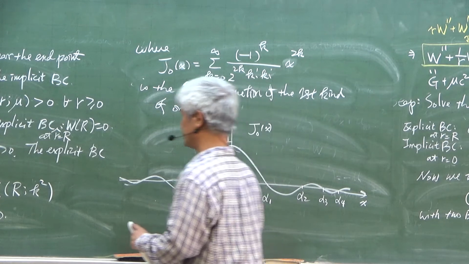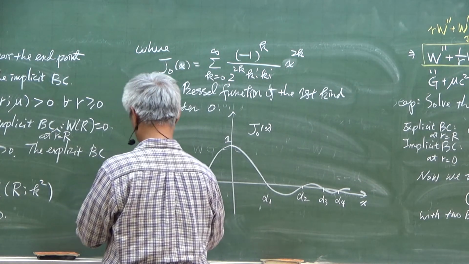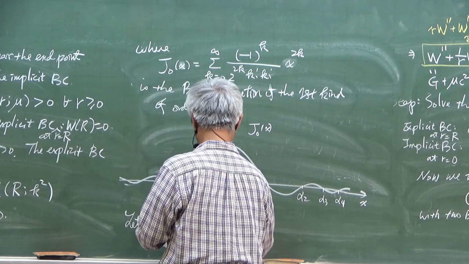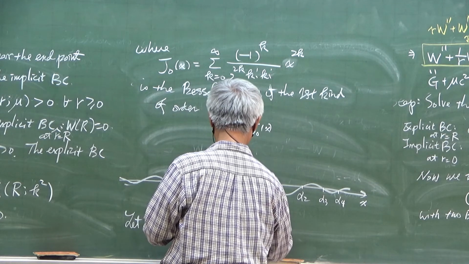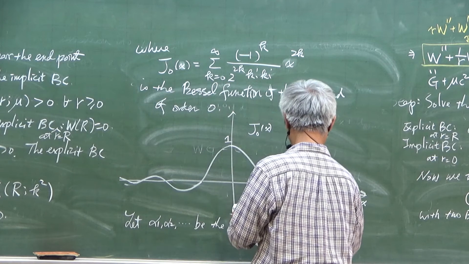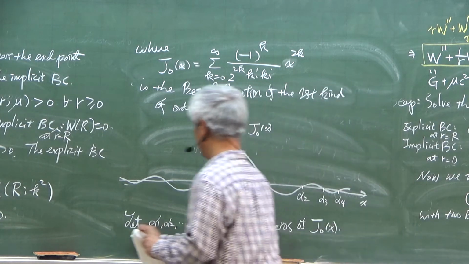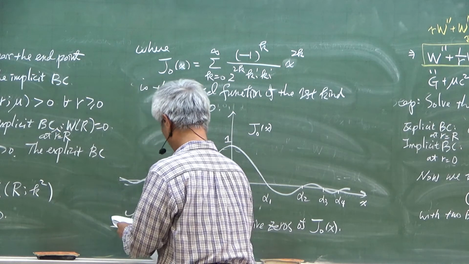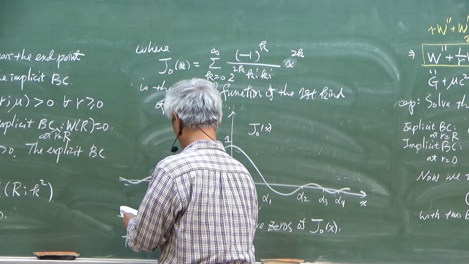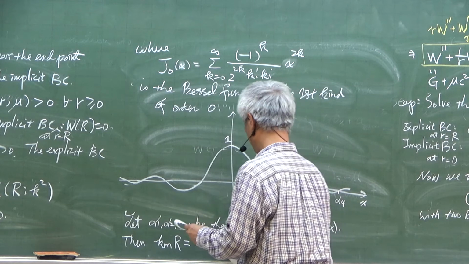Right, so we let alpha 1, alpha 2, etc. be the positive zeros of J0(x). Then we have k_m R equal to alpha_m for m.